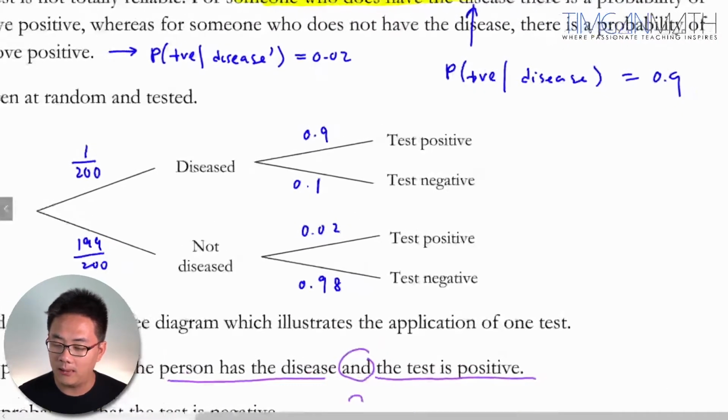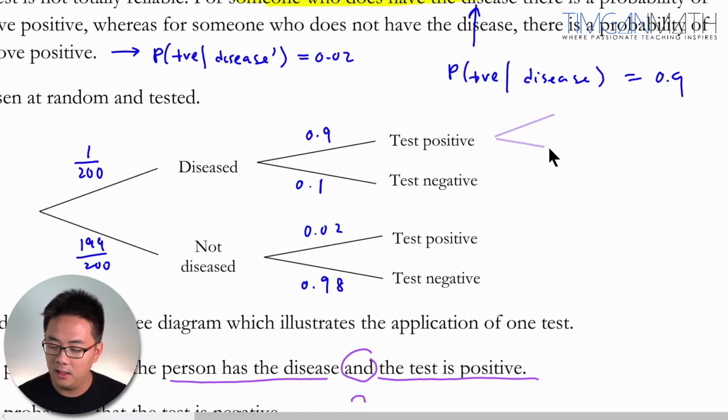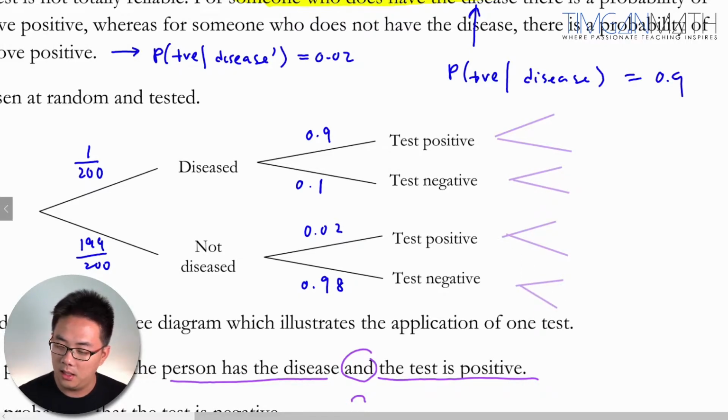So what actually happens here is you extend your tree diagram behind here. You extend again, because now we're only looking at the test positive, but the negative one you could also add up. The idea is you test again.